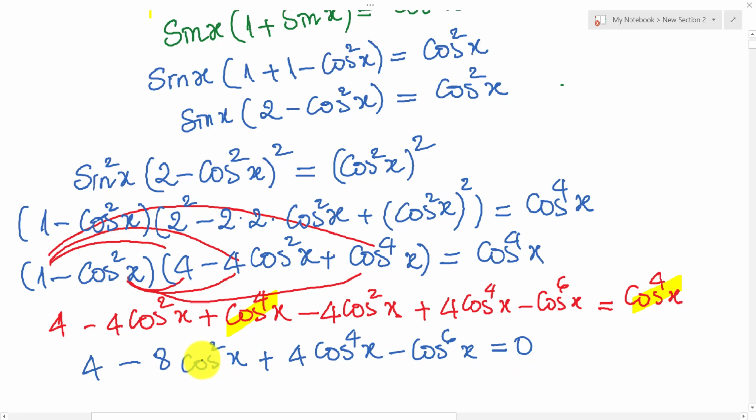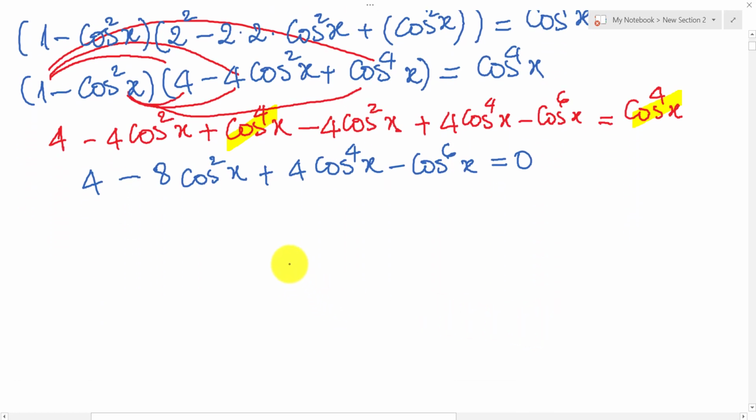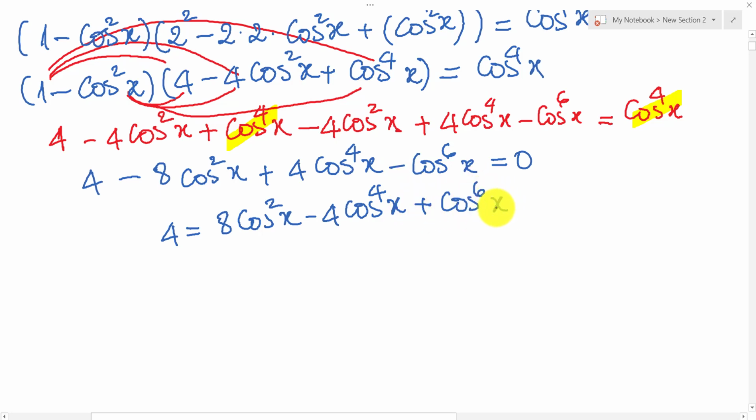And then I move these terms to the right-hand side. So we get 4 equals this. When we move from the left-hand side to the right-hand side, we get positive, so 8 cosine square of x, and this minus 4 cosine power 4 of x, and this plus cosine power 6 of x.